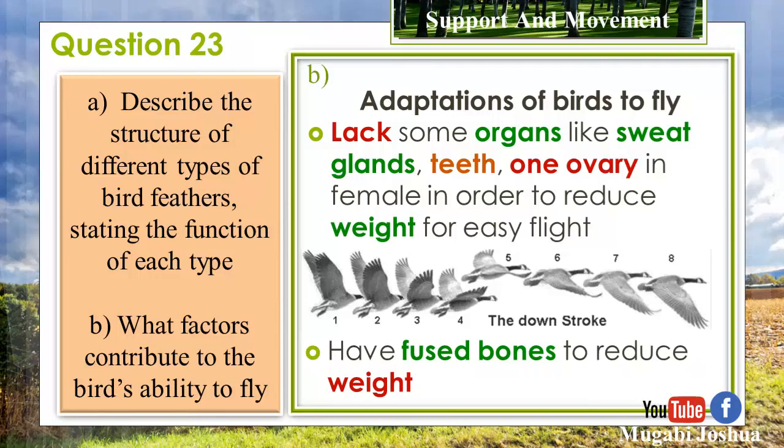So all those are adaptations of the birds to fly: lacking some organs like the sweat glands, teeth, and one ovary in the female in order to reduce the weight for easy flight, and also having the bones fused together, as this reduces the weight of the bird.